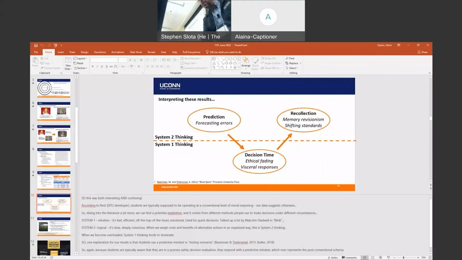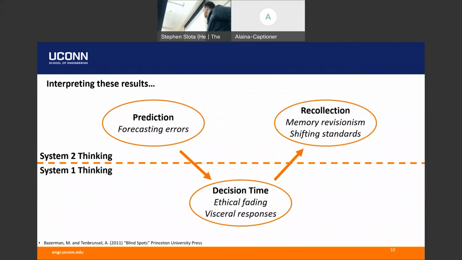System 1 is intuitive. System 2 thinking is the logical, long-term thinking, whereas system 1, if you read Blink by Malcolm Gladwell, is the snap decision, the gut decision.